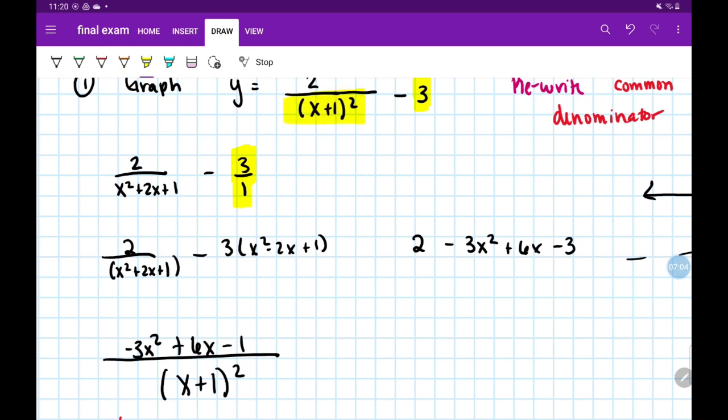So I FOILed this, and that is x squared plus 1x plus 1x plus 1, or x squared plus 2x plus 1. And then I realized that would be the common denominator. So that needs to be multiplied to the top and bottom.